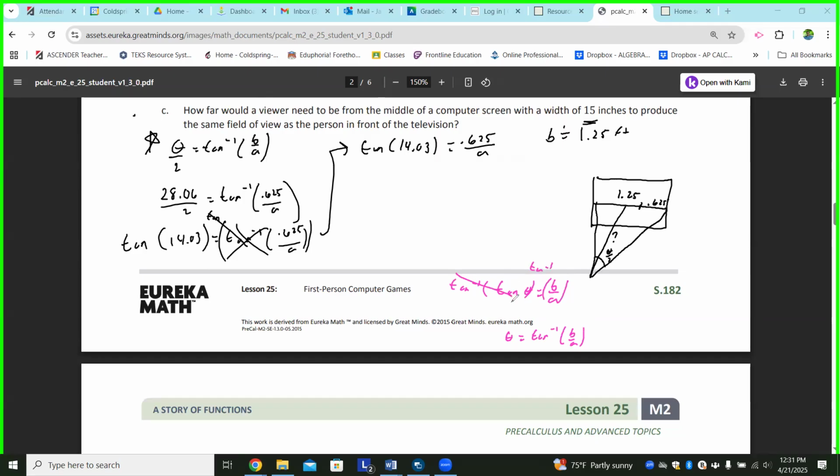So that would cancel. Now, in this situation, I'm not looking for theta. I'm actually looking for something inside it. So I want to backtrack and take the tangent back over there. So instead of taking the tan inverse, I'm now going to take the tan of both sides. Now that I got rid of the inverse because I'm trying to solve for that missing unknown, it's like taking the opposite of a square or square root, right? You're trying to get rid of the opposite operation.